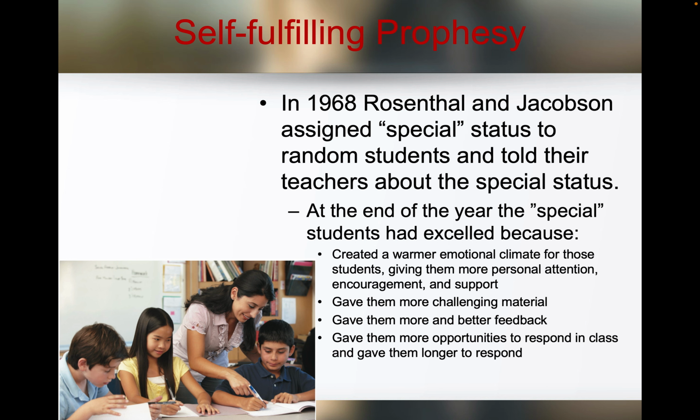So the more attention they gave them, the more likely they were to succeed. This was interesting in that males and females were treated the same. They didn't separate the males and the females. The class that they gave special attention to was split between the males and the females.